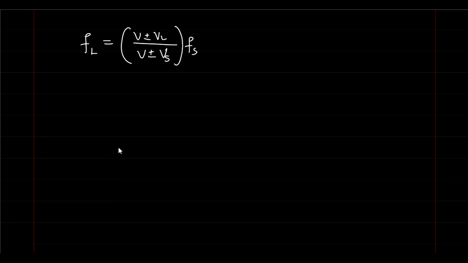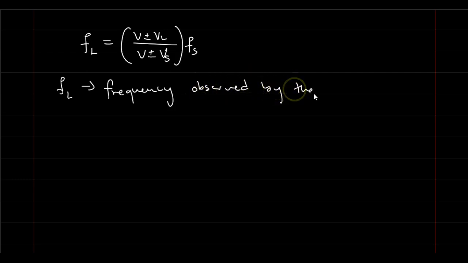Okay, so now let me explain each term here. FL is the frequency observed by the listener. What about FS?